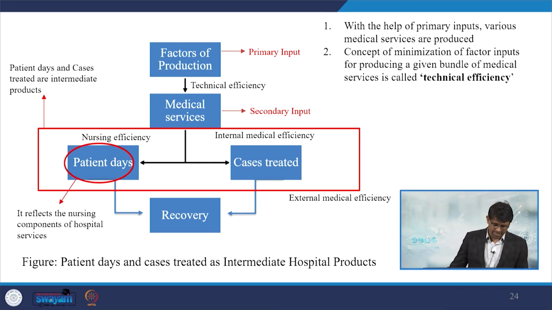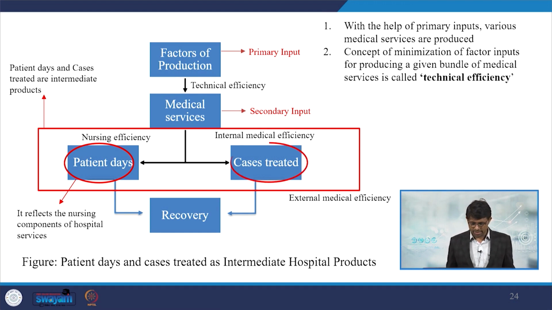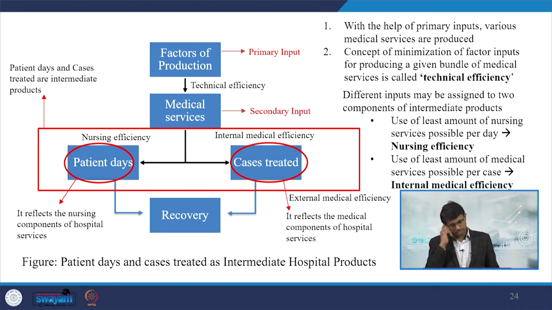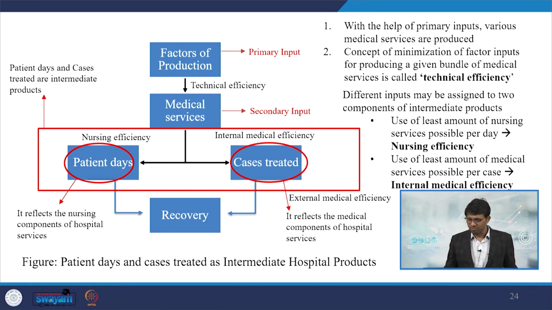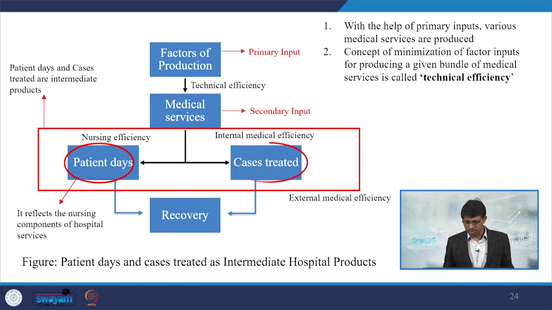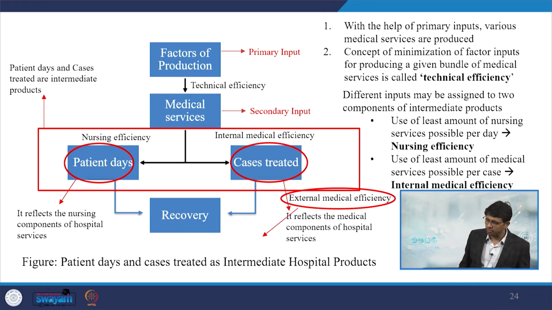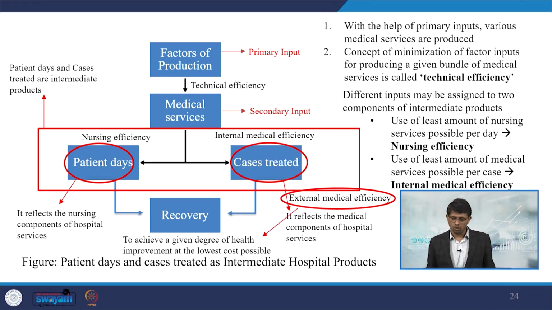So far as patient days is concerned, it reflects the nursing component of the hospital services, whereas cases treated we refer to as the medical component of the hospital services. So this point also clarifies how different inputs may be assigned to two components of intermediate products.